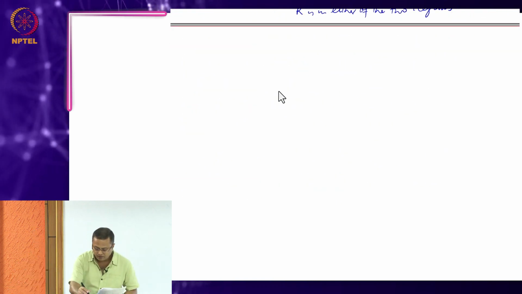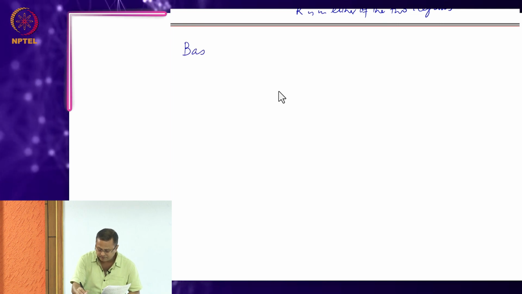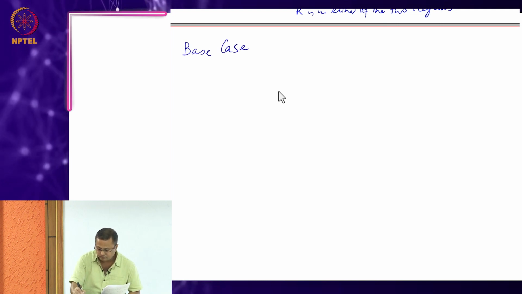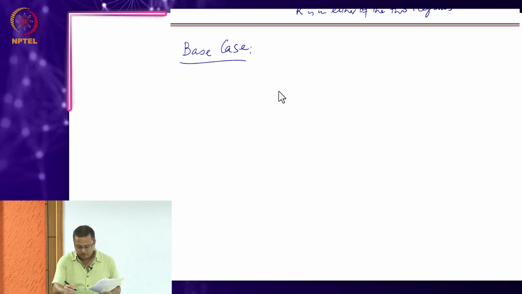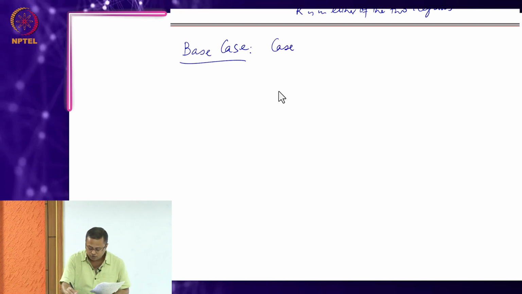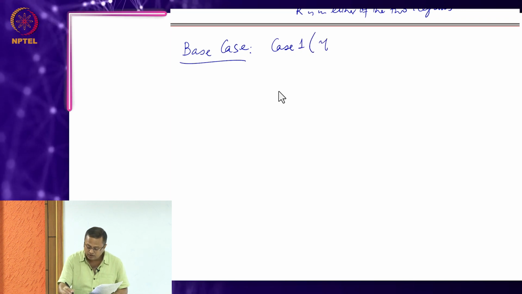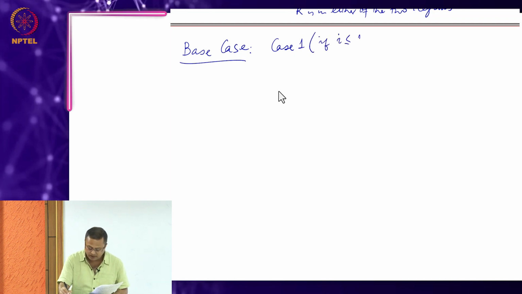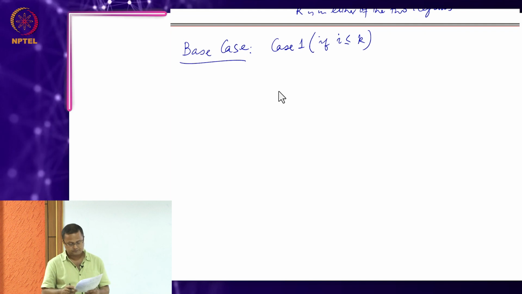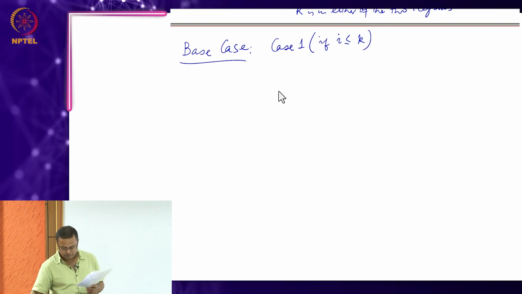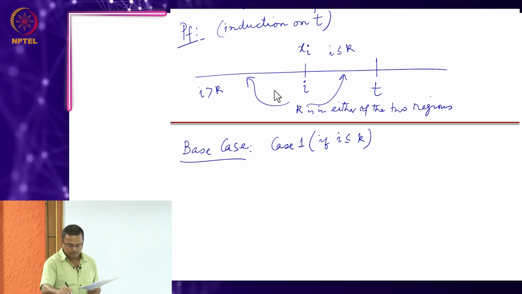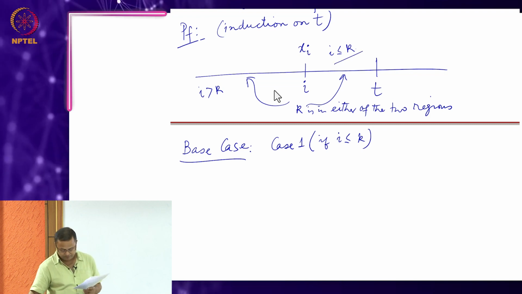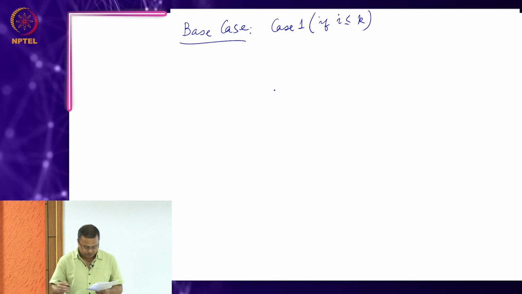Okay. Now, I look into the base case. Mind you, the induction is on t. So, case 1 is if i is less than k. So, I am in this zone. Okay.